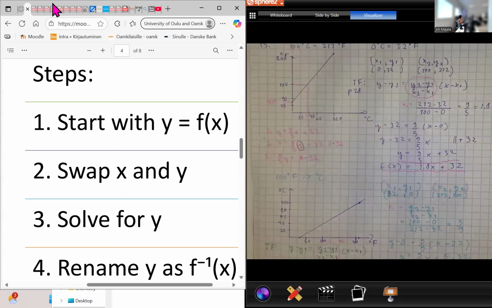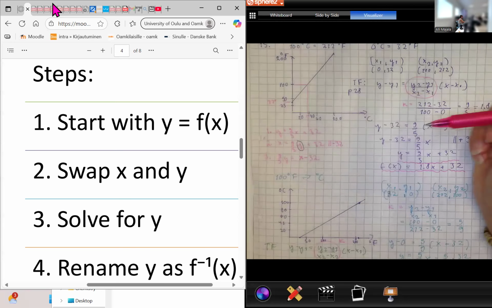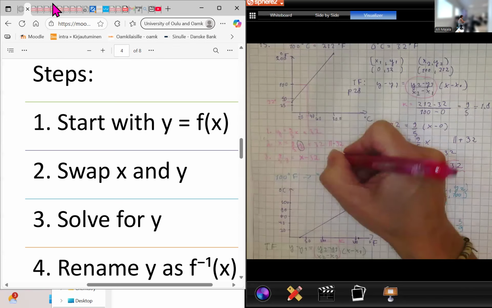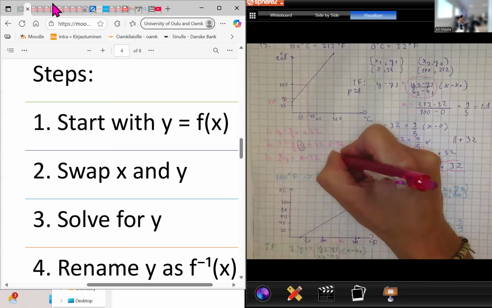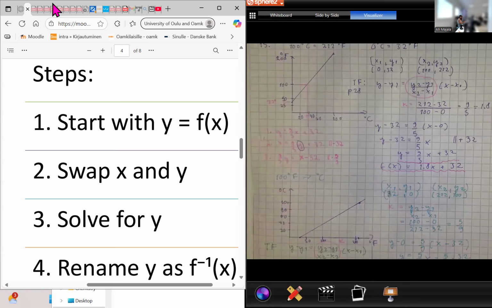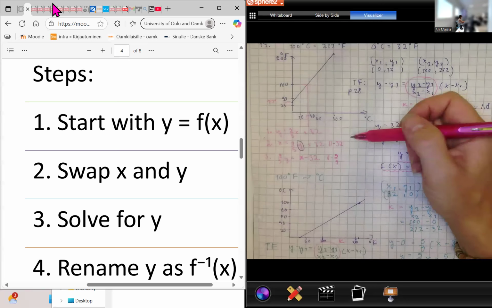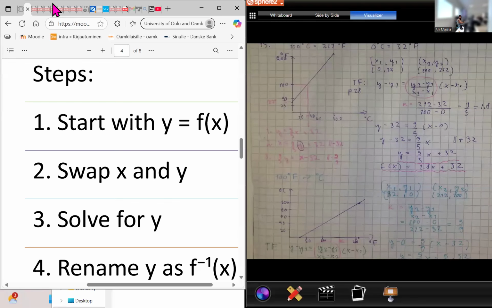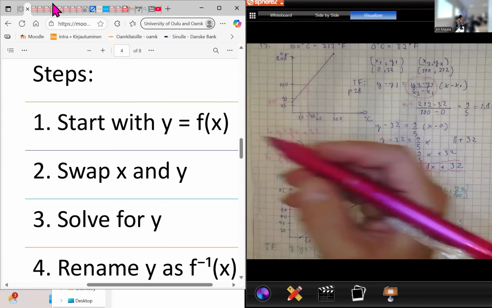Subtracted. Yes, this. And then I would need to get rid of this. So I just get rid of that. I multiply with the reciprocal. We should talk about reciprocals a bit more clearly as well. So then I have solved it for y.